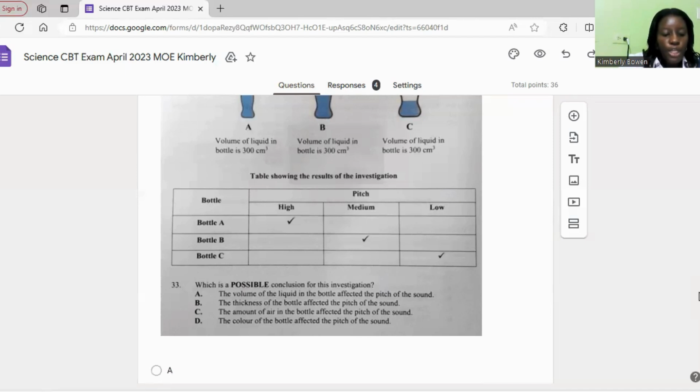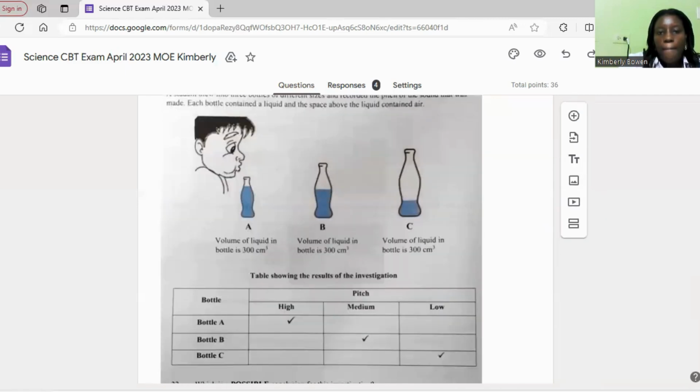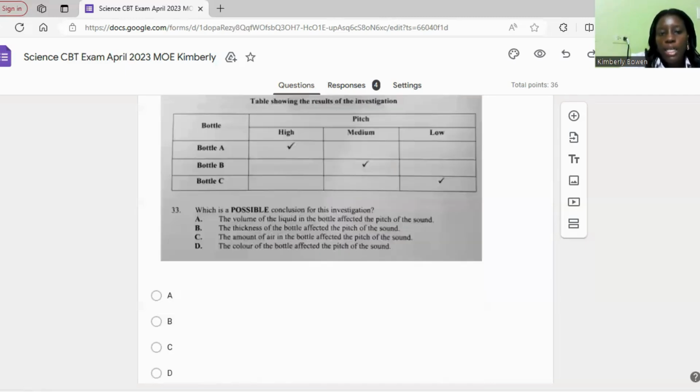For item 33, the answer is C. We knew that the liquid was the same across all the bottles, but we can look at it and see that there were different volumes or different capacity with air. The air occupied a different capacity in each bottle. So the correct answer is C.